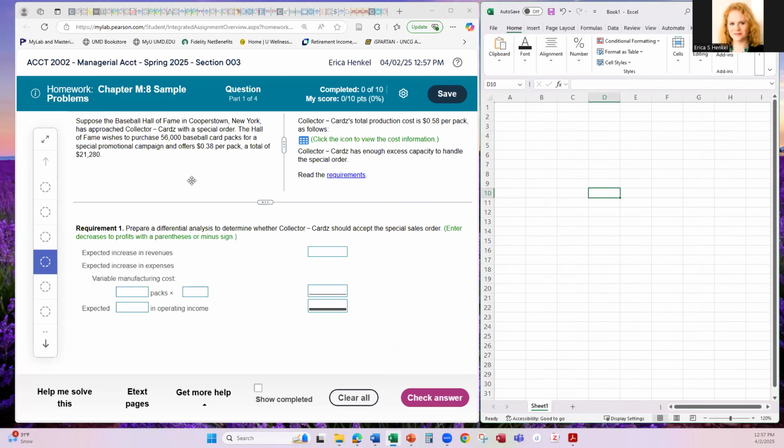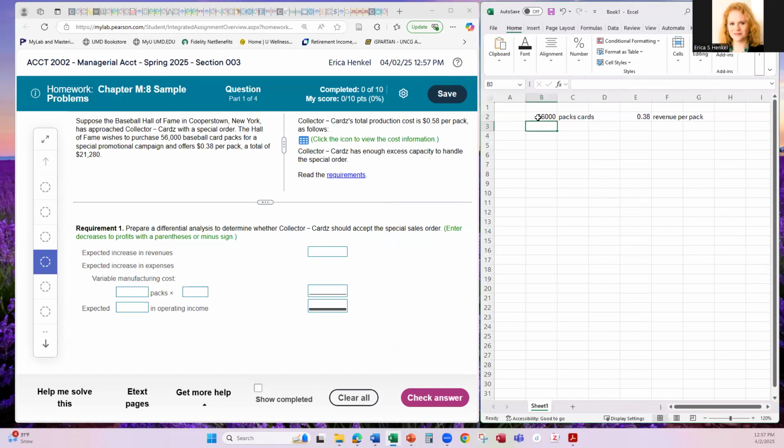So we have the Baseball Hall of Fame in Cooperstown, New York, and they have approached a collector cards company with a special order request. The Hall of Fame wants to purchase 56,000 baseball card packs, and they want to pay 38 cents per pack.